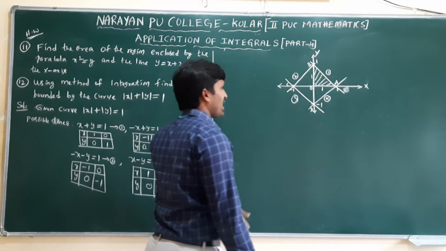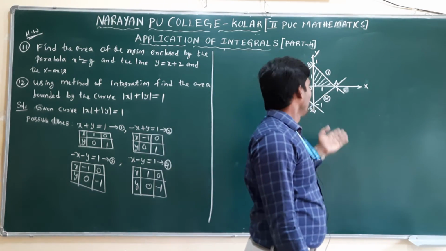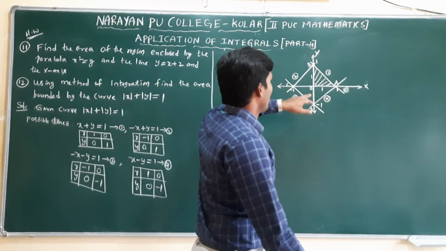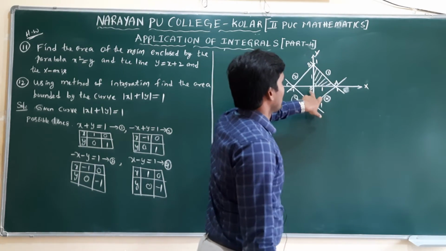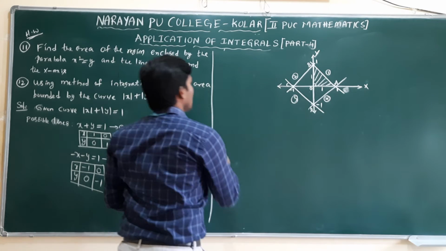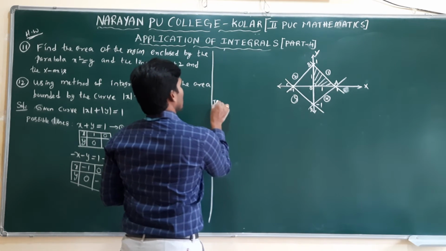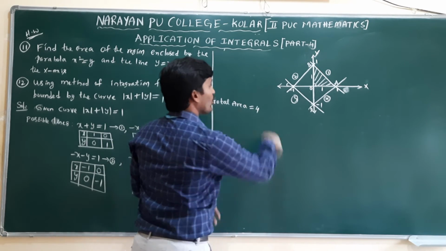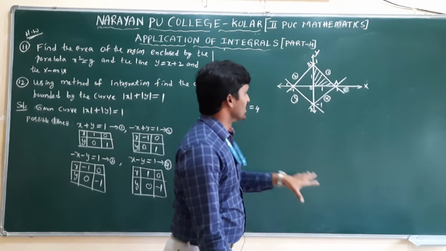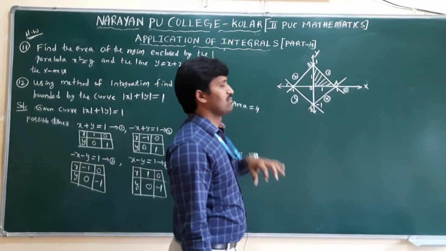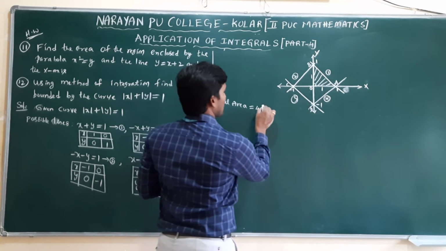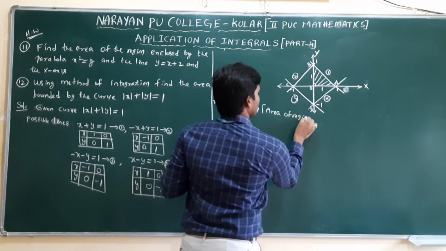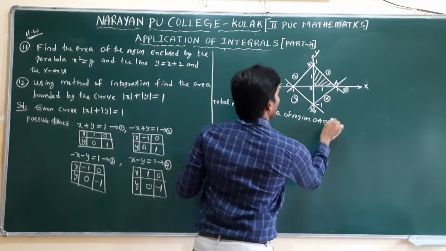For a right angle triangle we know the area is half into base into height. For the total area we need only 4 times the region OABO, because we need the complete square region. So the required area equals 4 times the area of region OABO.